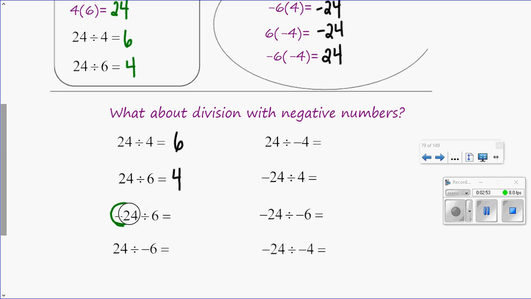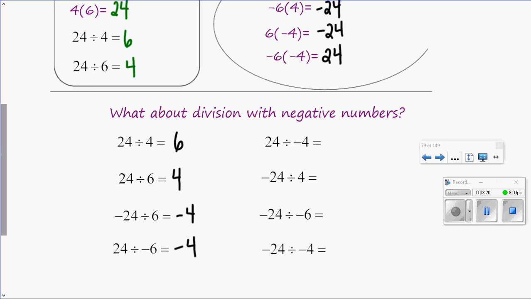Since those are different signs, I'm going to have a negative answer. And then I just do 24 divided by 6 using the absolute values, just the basic multiplication and division facts. Same thing from multiplication. This time we're just dividing 24 and 6. So it's 4, and that makes it a negative 4. Okay, right below it, one positive, one negative. That's different signs. That means I have a negative answer.